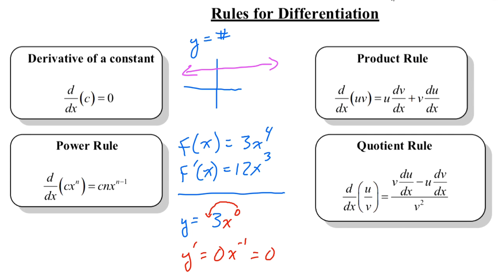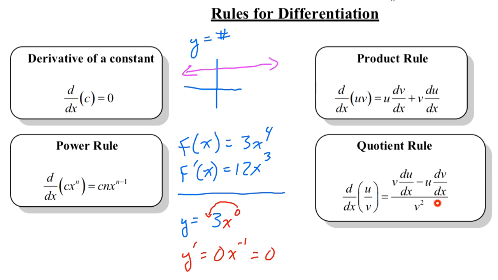We have a product rule and a quotient rule. One is for multiplication, the other is for division problems. So when you have a multiplication problem, one thing multiplied by another, the derivative is going to be the first thing multiplied by the derivative of the second, plus the second times the derivative of the first. And then if you have a quotient rule, then you have two things divided by each other.